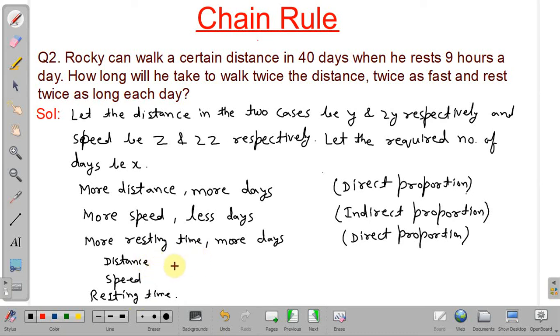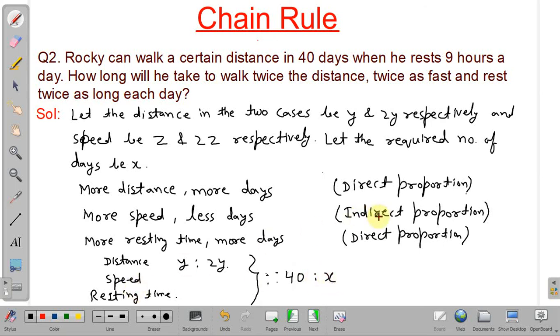So first case is distance. Initial distance is y, and we have assumed y and 2y, so y ratio 2y. When case y is there, what is the number of days? 40. Direct proportion case, so 40 ratio x days.